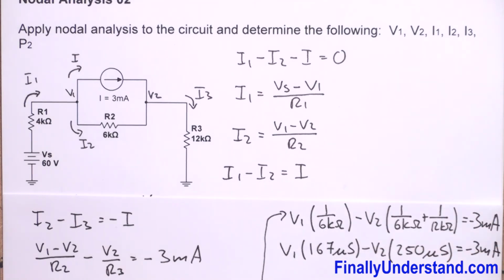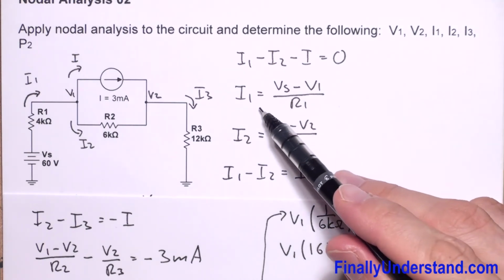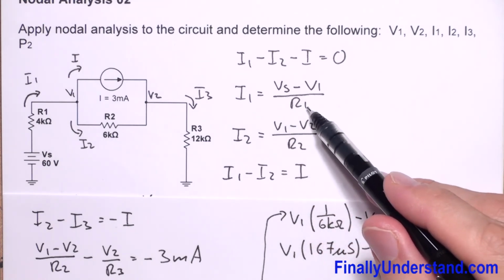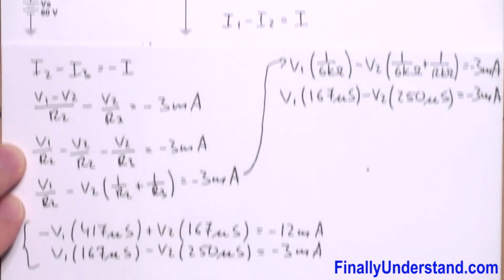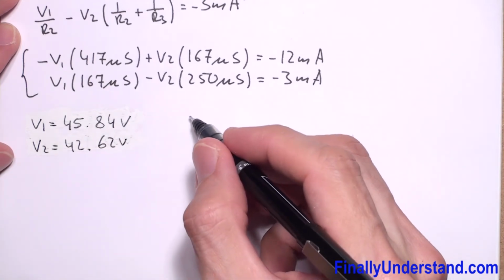So I'm going to find the current I1. We have the formula already given. I1 is equal to voltage source minus V1 over R1. I'm going to use this formula to find I1. So let me write this down over here.